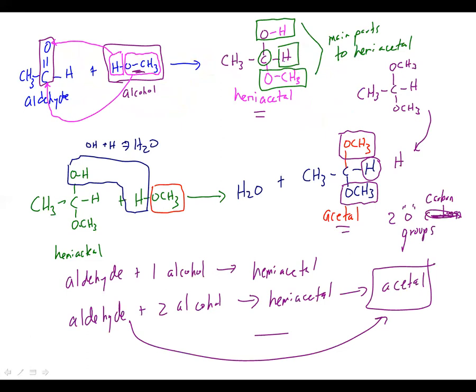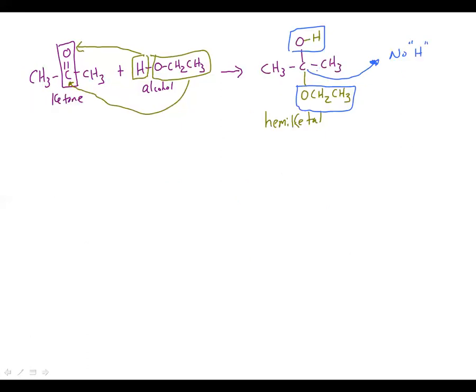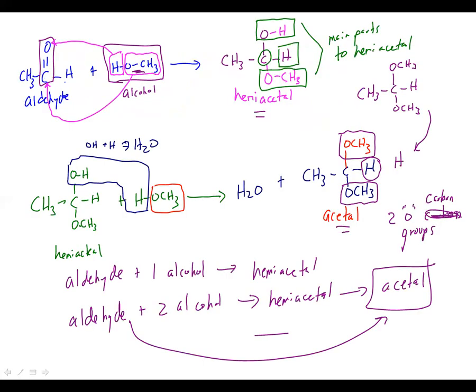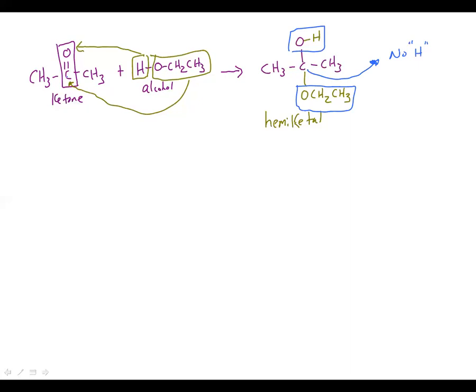The reason there's a hydrogen here and not in this one over here is because we started with an aldehyde, and that hydrogen is this hydrogen right here. So it stays. When we get to the ketone, there is no hydrogen here, so that ends up being no hydrogen attached to the carbon. So that's the major difference between a hemiacetal and a hemiketal. The hemiacetal will have the hydrogen. The hemiketal will not. Just like the other one, we could take this and then add another alcohol to it.